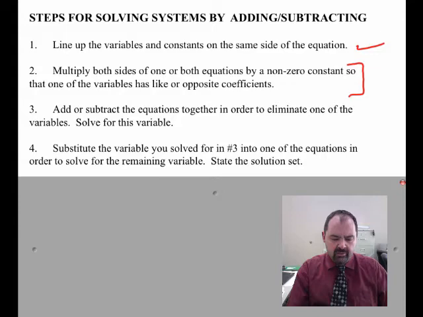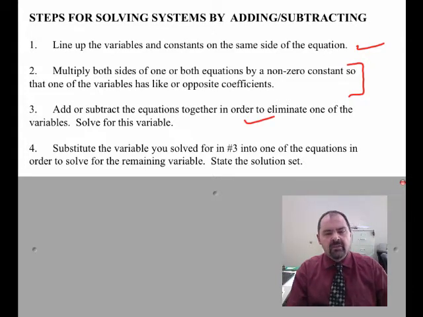So that's going to require multiplying both sides of one or both equations by some number so that one of the variables has like or opposite coefficients. You're then going to combine the equations, adding or subtracting depending on what will eliminate the variable you've chosen. You're going to solve for that variable, and then substitute that variable back into one of the equations to solve the remaining variable, and then state the solution set.